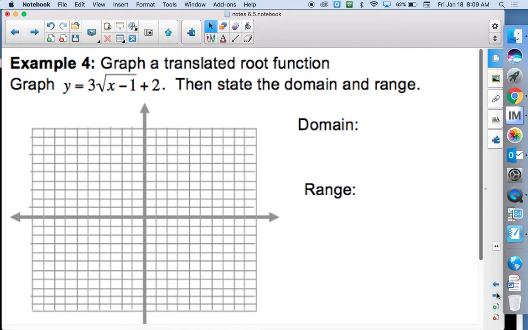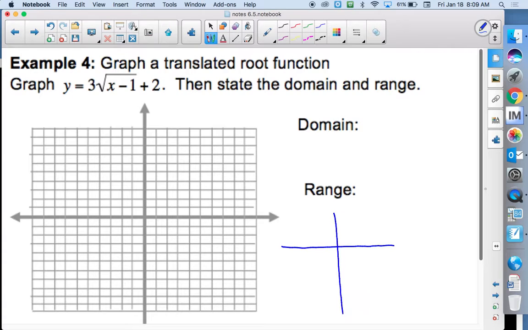The first thing we are going to start with is figuring out what that critical point is, because the critical point is a starting point for us to then make a graph. So if you look at the equation, I'm going to make myself a little t-chart. Does anybody know what the h and the k are in the equation? Bridget? The h is 1 and the k is 2. Yeah, so here is h and there is k.